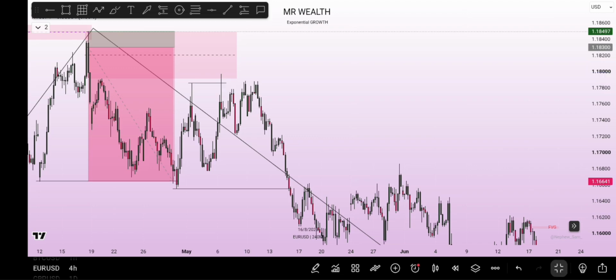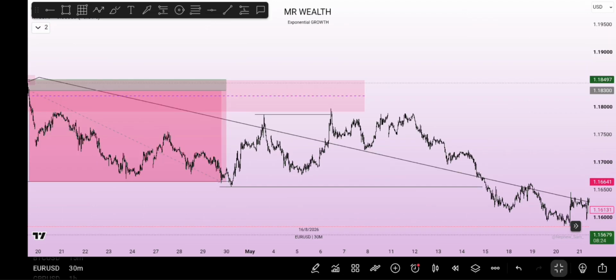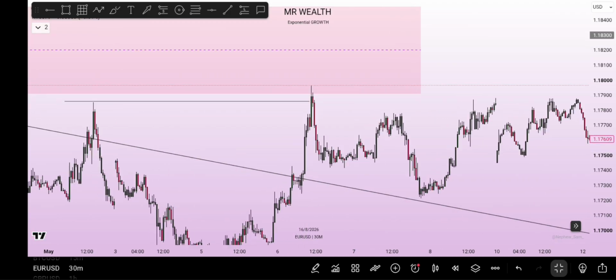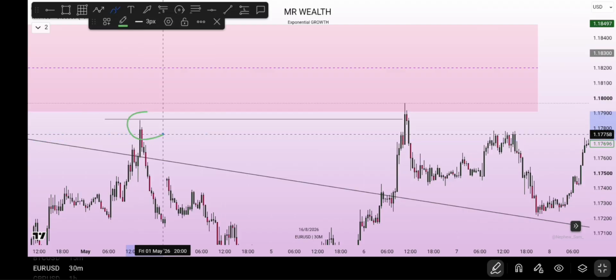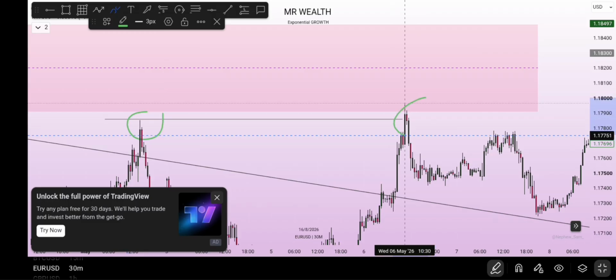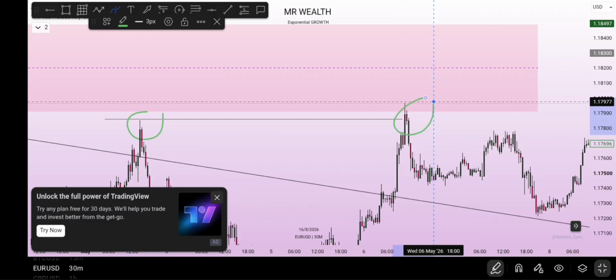So let's go over to this. This is the 15 minutes time frame. Let's zoom in. You can see in the 15 minutes time frame, there was a sweep here. Over here, it tapped into the 4-hour demand zone. So let's look for our liquidation candle over there.